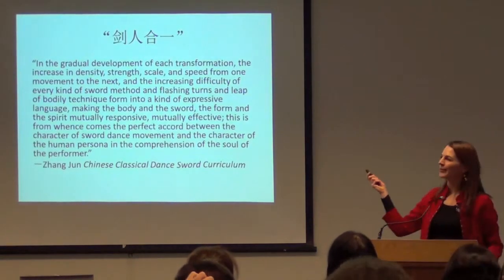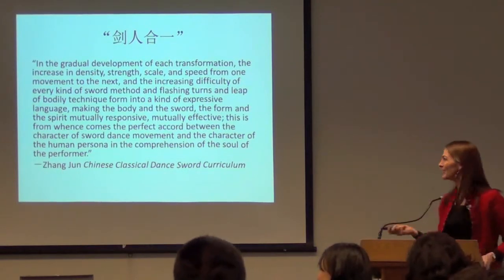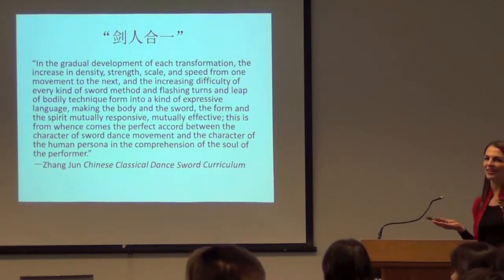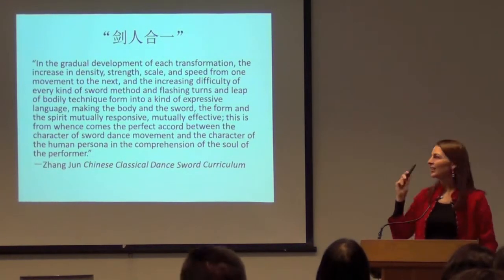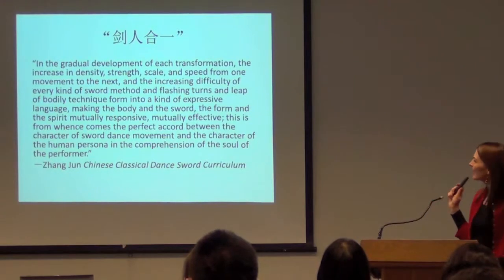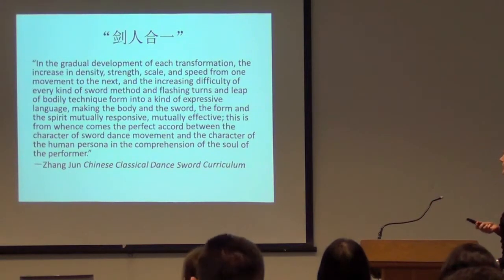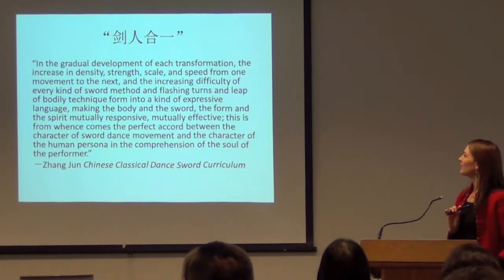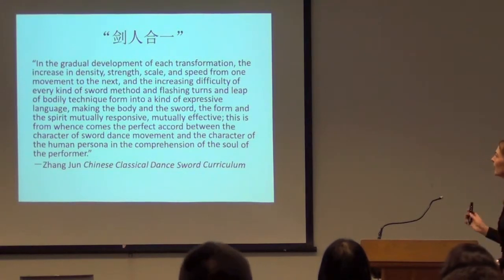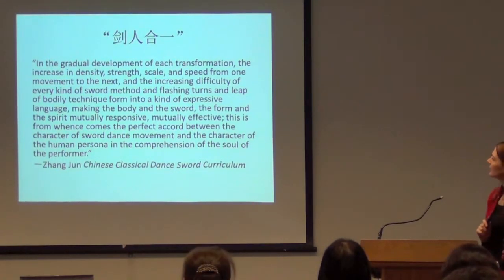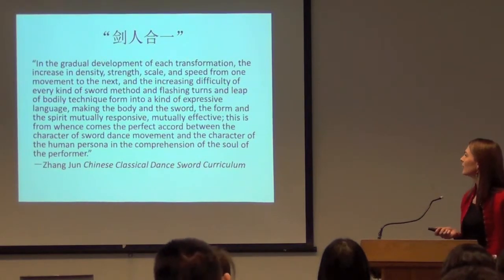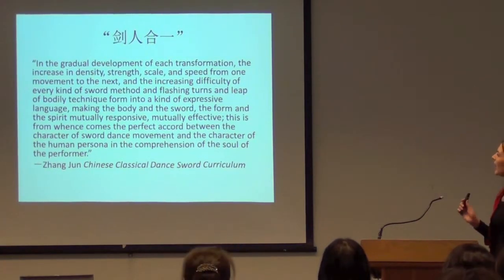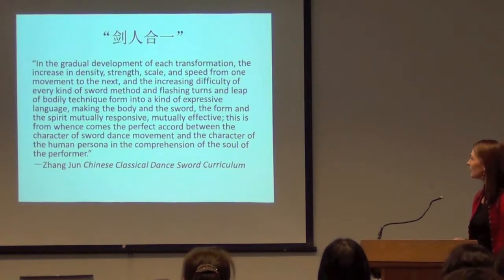And so this is a quote from Professor Zhang's technique book about jian. He says that the ultimate achievement in sword dance is jian ren he yi, so sword and person become one. And so this is how he describes it. In the gradual development of each transformation, the increase in density, strength, scale, and speed from one movement to the next, and the increasing difficulty of every kind of sword method, and flashing turns and leaps of bodily technique form into a kind of expressive language, making the body and the sword, the form and the spirit mutually responsive, mutually effective.